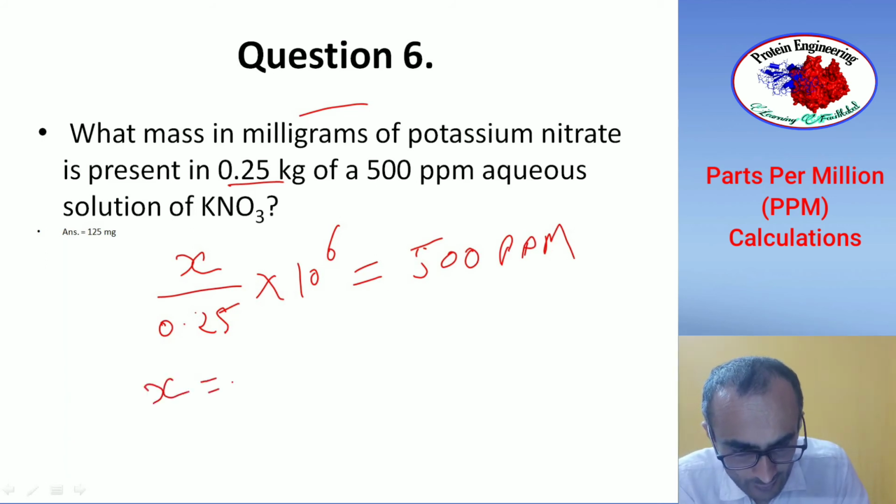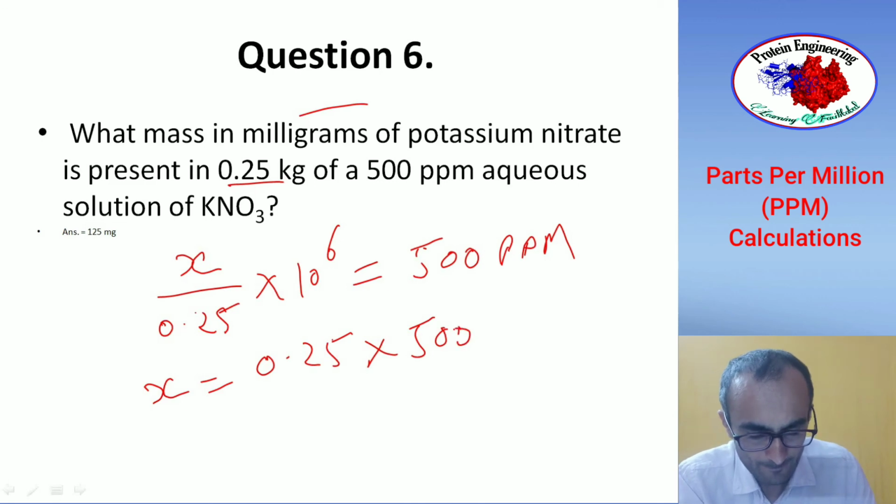So x is equal to 0.25 into 500, and then you divide with 10 raised to power 6, so it will be 10 to the power minus 6.